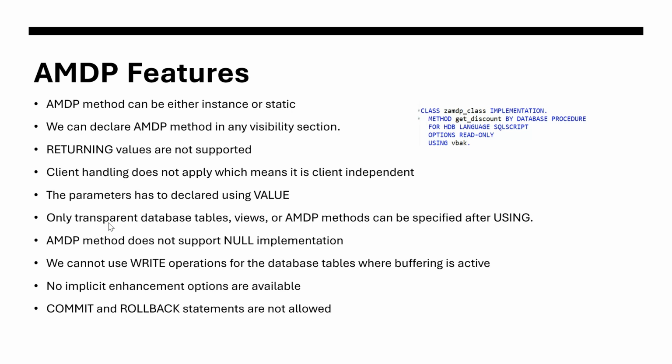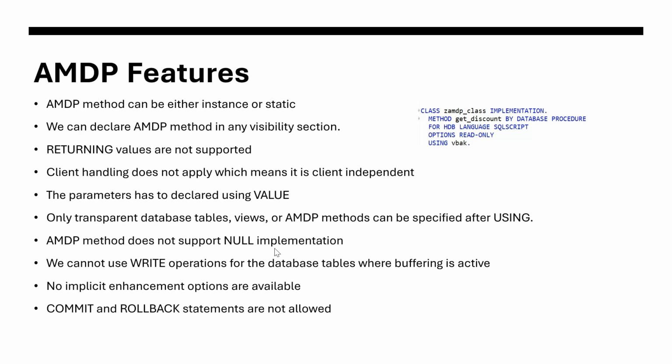And only transparent database tables, views, or AMDP methods can be specified after USING. Here, after this USING, we can only give database tables, views, or AMDP methods, but functions like some standard functions we cannot give over here.